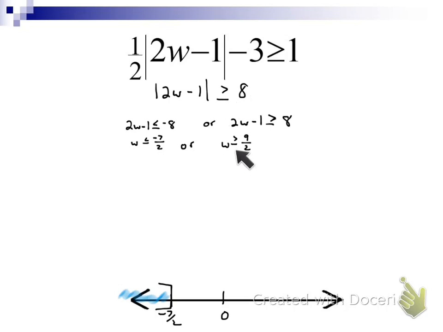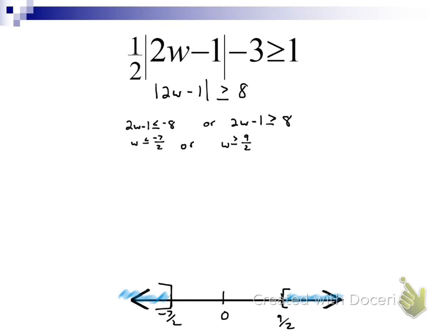Over here, 9 halves is 4.5. It is also a bracket because it's inclusively shaded. W is greater than would be shaded to the right. Can you write it for me in interval notation now?